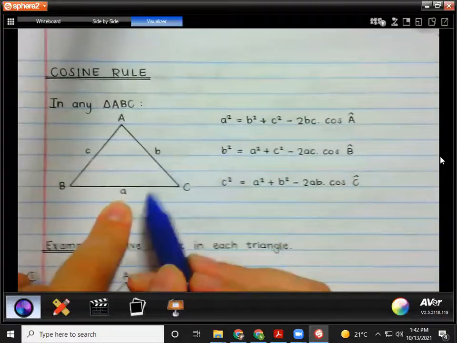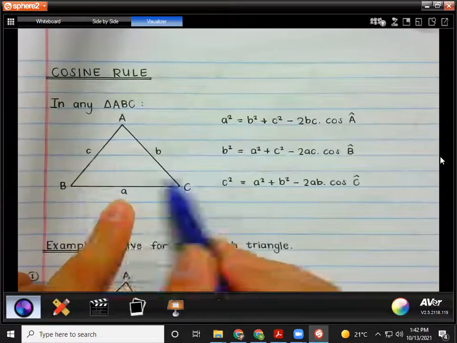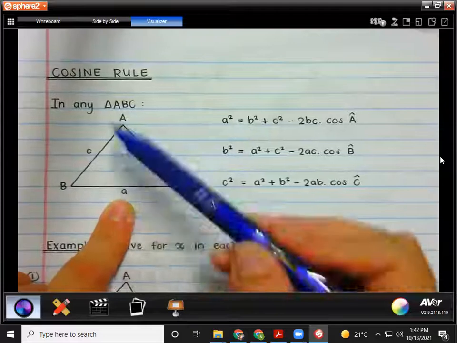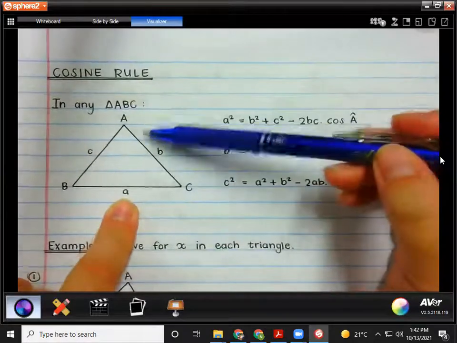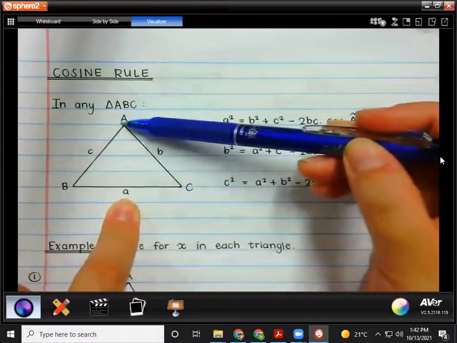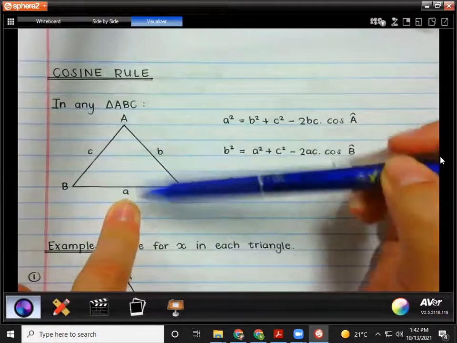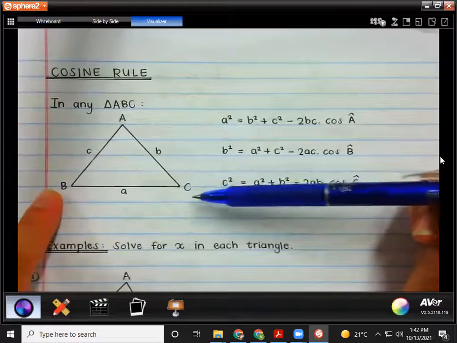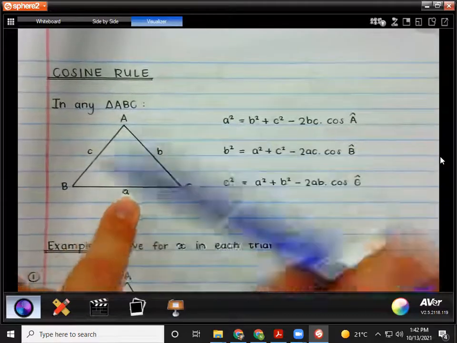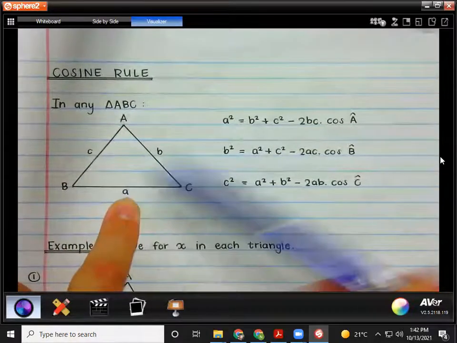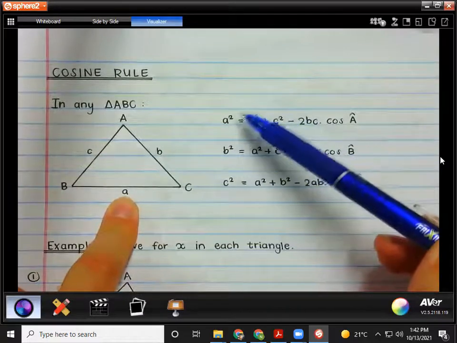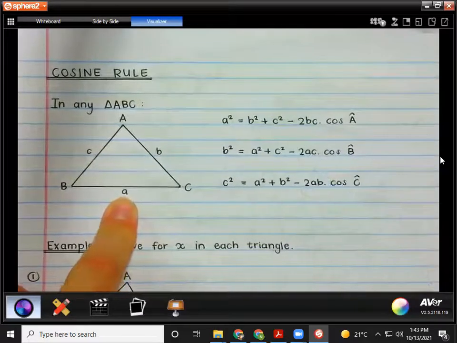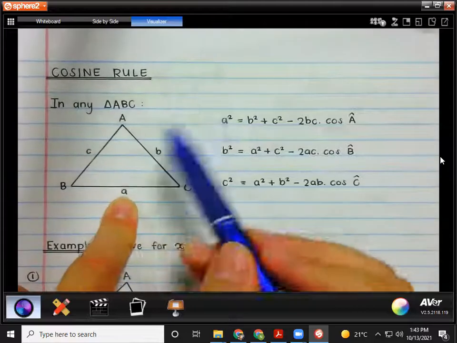So for the first one, if we are finding this side, which is BC, the way that it's written in the textbook and on the formula sheet, they always say that the side opposite angle A is lowercase a. But you can also work with BC if you want to. It's fine, it's the same side. So if you're finding this side, it's always a squared though, similar to Pythagoras. We start with squared, then we're going to have to square root in our last step.